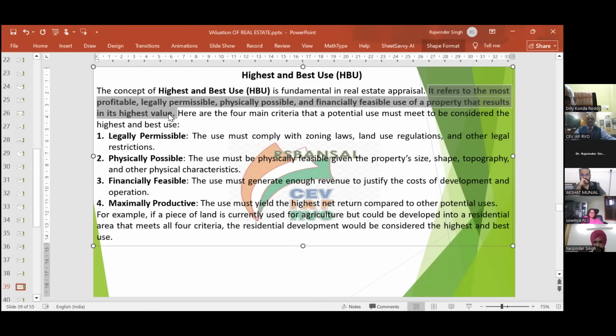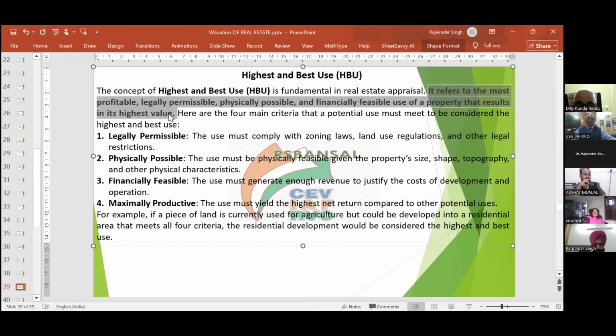So it should be financially viable. You have to check whether you will be able to get the money you have invested back within a reasonable time, whether it is financially feasible. And then maximally productive means the use must yield the highest net return compared to other potential uses.